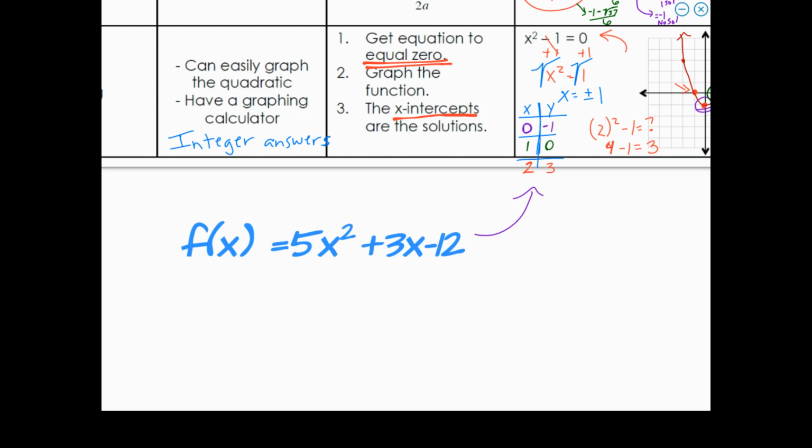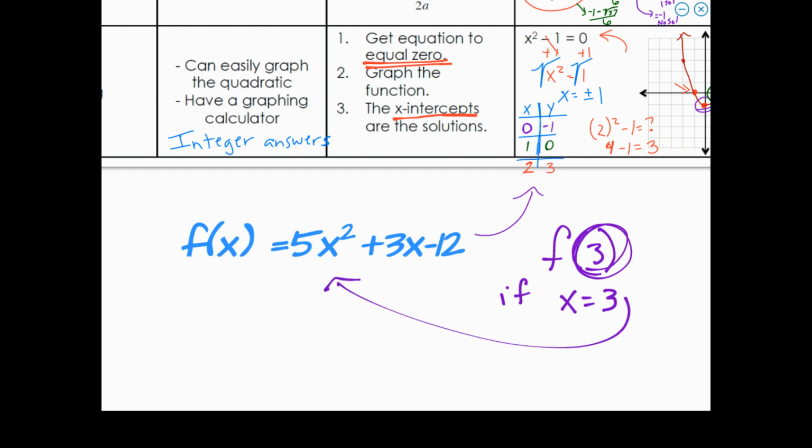But last week on the warm-up problems, I gave you a problem and I asked you to figure out what like f of 3 is. Okay? This means I'm going to take this number. This is just asking if x equals 3, what is this problem going to equal?